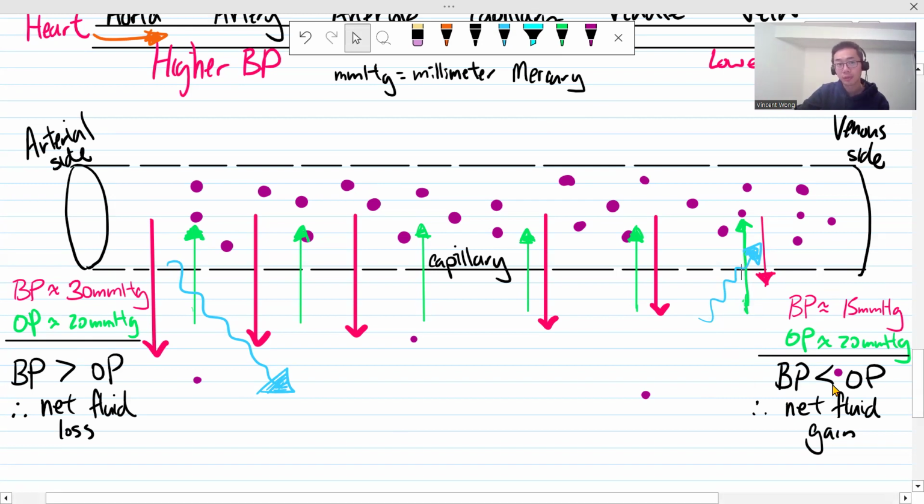So the difference is greater on the arterial side, which tells you what? There's a difference of 10 units of pressure here and only 5 units here. What does that tell you about this process?